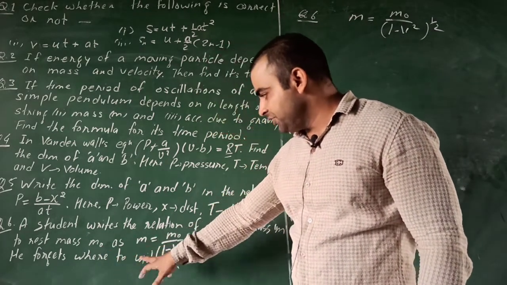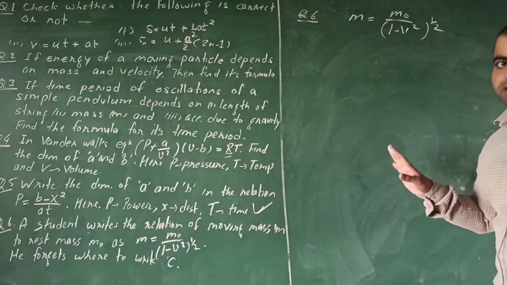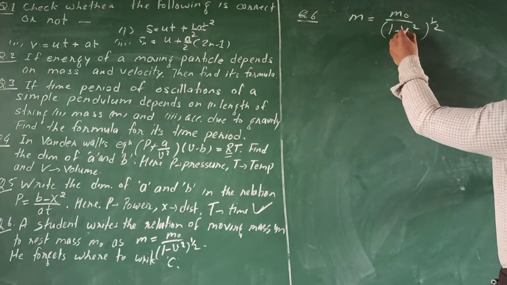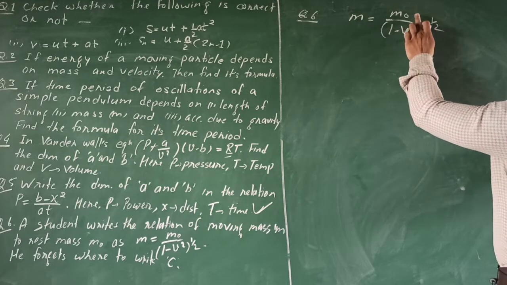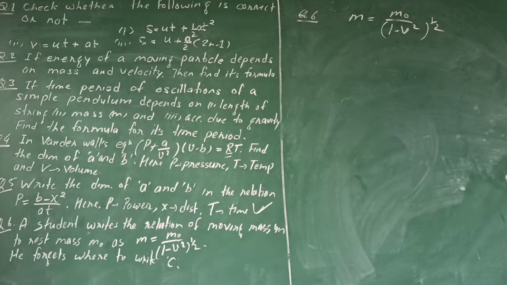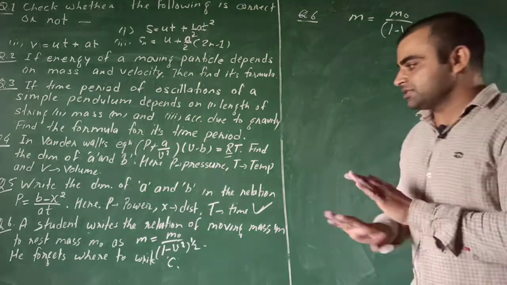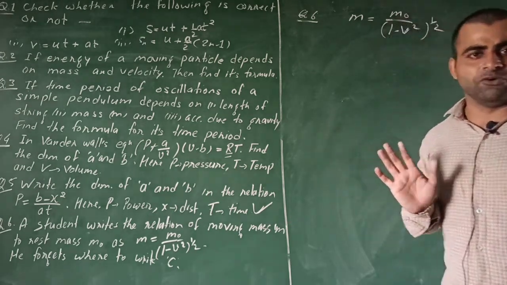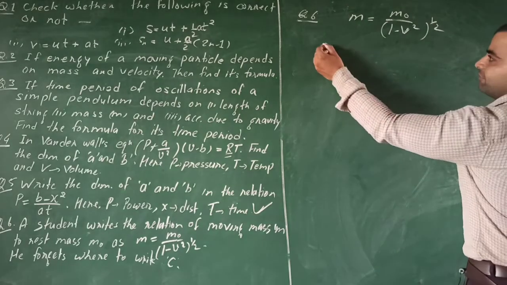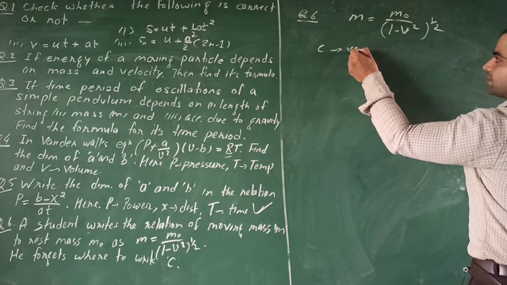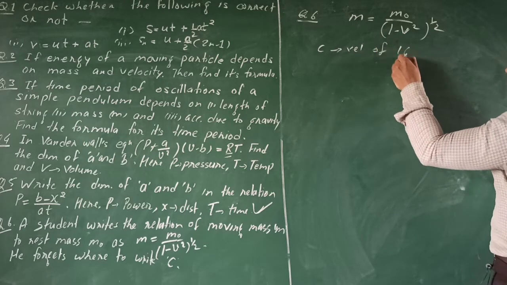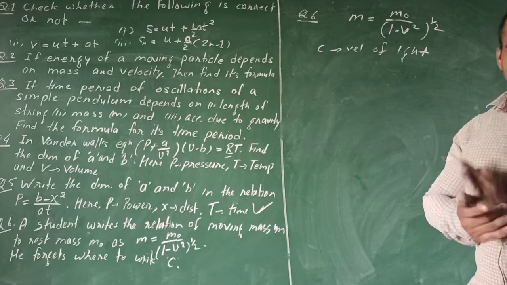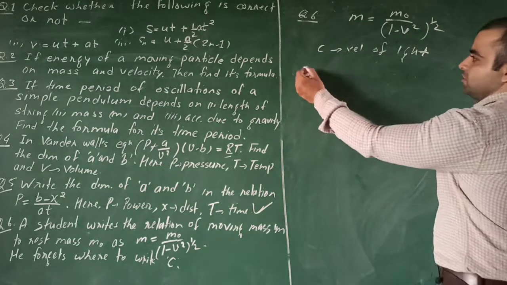He forgets where to write C, where C is the velocity of light. Find out where to write the C. Solve it.